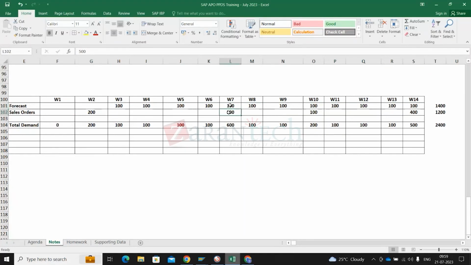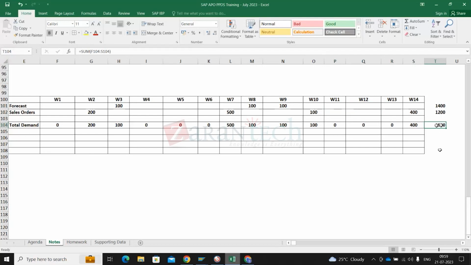Then this 500 would consume the forecast of this, maybe it is 4 weeks, or how many weeks? 3 weeks. Okay, so this would consume these 3 weeks and the current week. This is gone. This would consume these 2 weeks. This is not 100, it would consume only this 100, my bad. And this 400 would consume this. 3 weeks I said, right? Yeah, this one. So ultimately it is the same. Because this is a simple example, we came near about 1500.